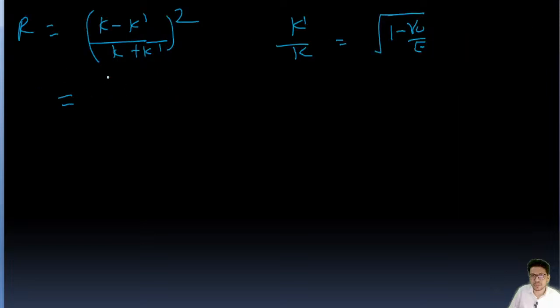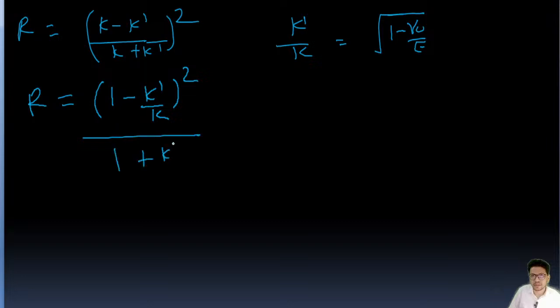Now we will put in the value. We can write R, by dividing by K, as (1 minus K dash upon K) whole square upon (1 plus K dash upon K) whole square.